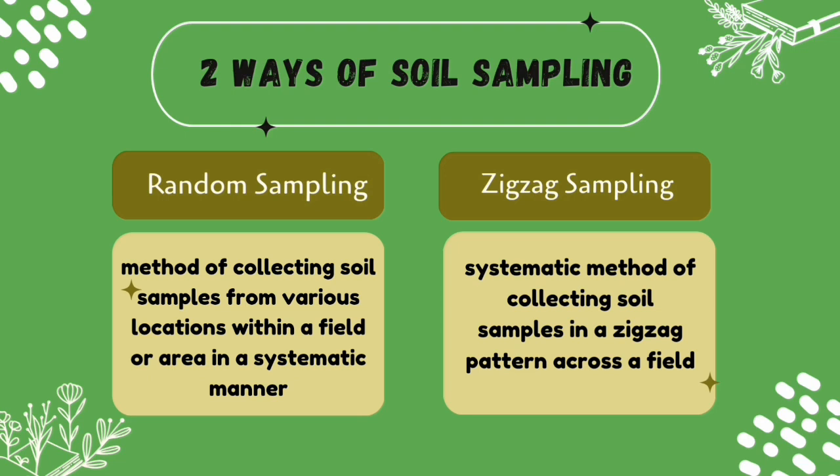The second one, we have zigzag sampling. It follows a zigzag pattern, of course. From the starting point to the end point, that is where you take your soil sample. In collecting soil samples, you divide areas with the same slope, texture, depth of soil, and drainage, and also what should we plant.